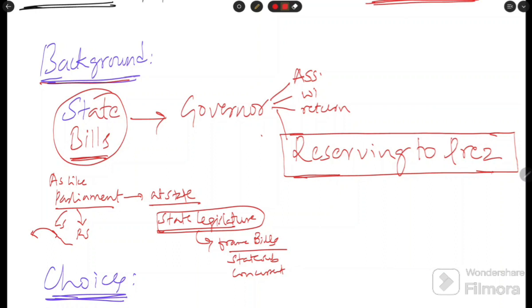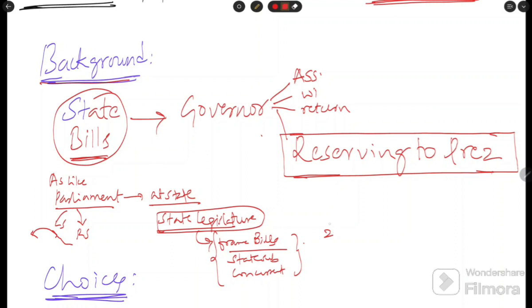Why do they frame the laws? Because it is necessary for the state to maintain law and order. That's why the state legislature enacts the laws.